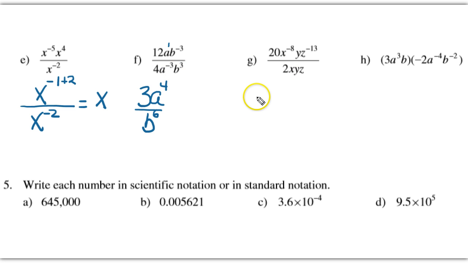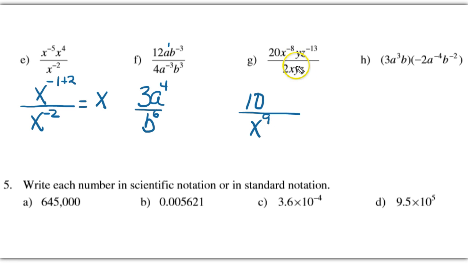Now 2 will go into 20 10 times. And we're going to bring the negative 8 down. So down here becomes a positive 8, and the 1 that's there already, this will be x to the 9th.